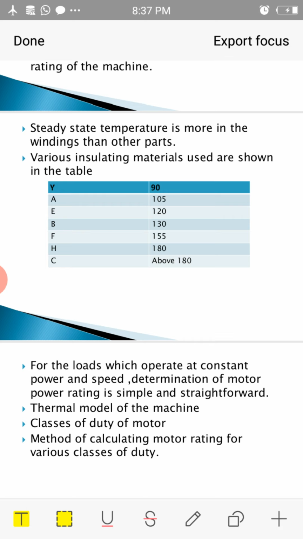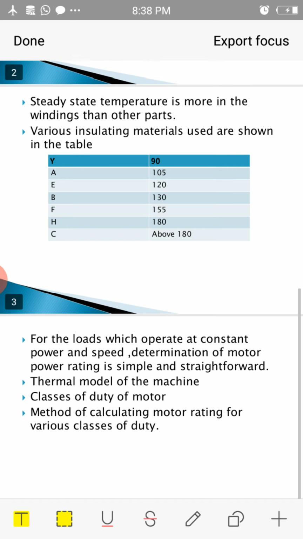The windings will have a higher temperature because they are embedded inside and are not exposed to the air as much as the outer surface, that is the core and yoke. The heat generation will be more there, and they are wrapped in insulating material. Because of that, the temperature of the winding will be more compared to other parts.